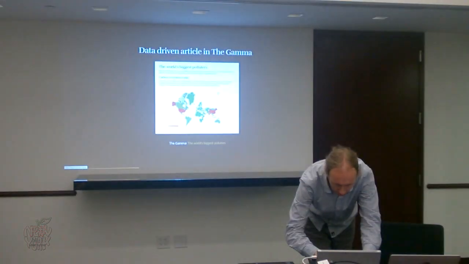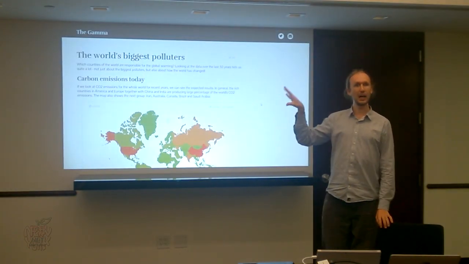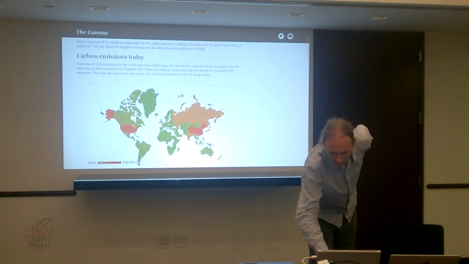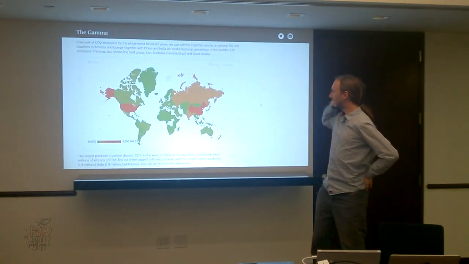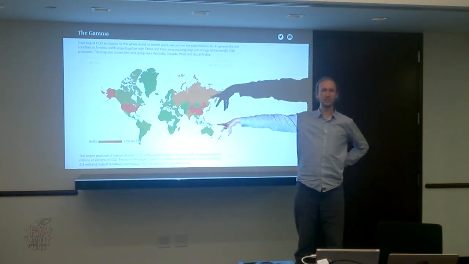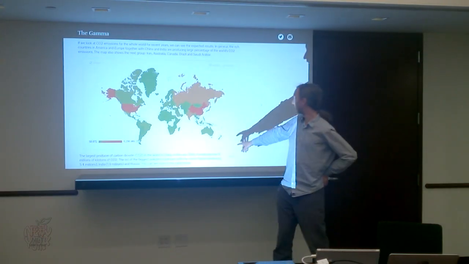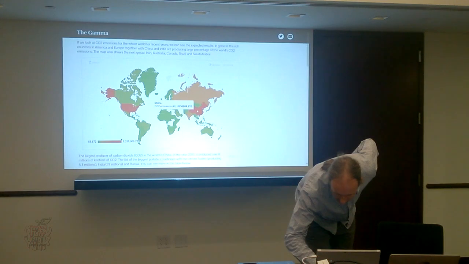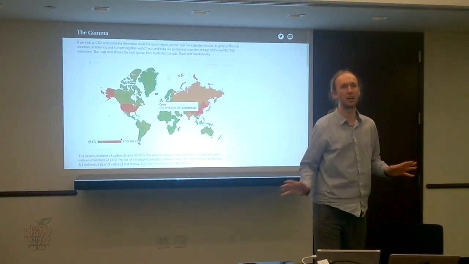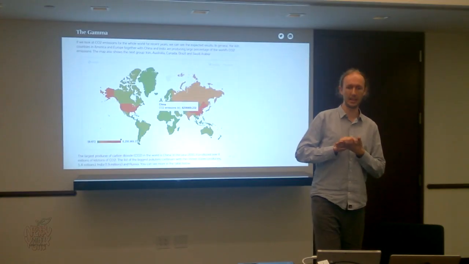So here's an example. It's looking at the same data on carbon emissions, and here you can see a chart that shows carbon emissions in kilotons for the whole country. There's some number of kilotons for China, which is the largest carbon emissions producer, and this is using data for 2010.